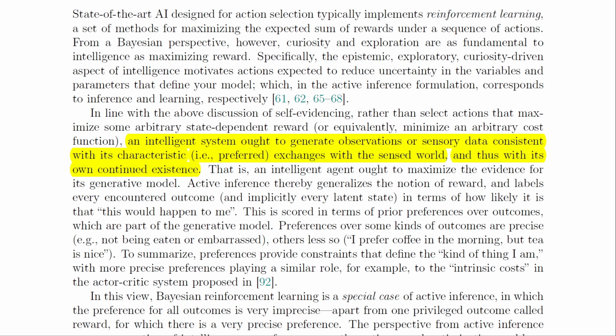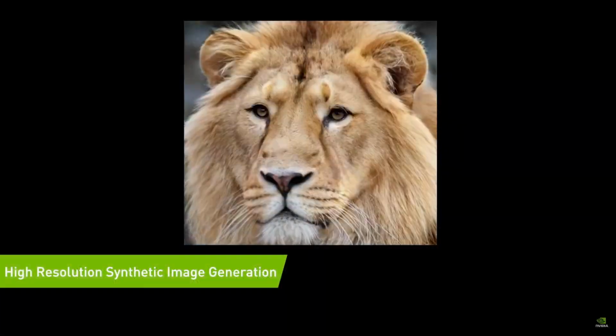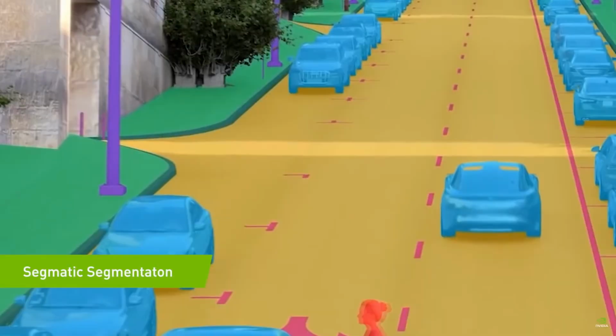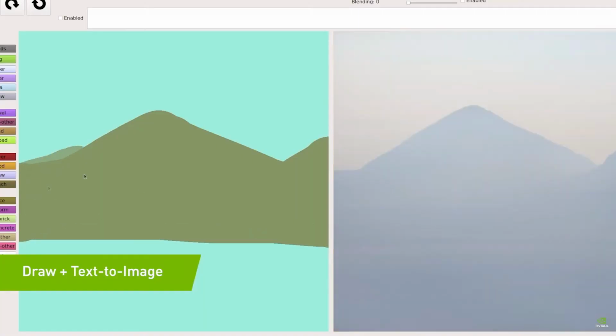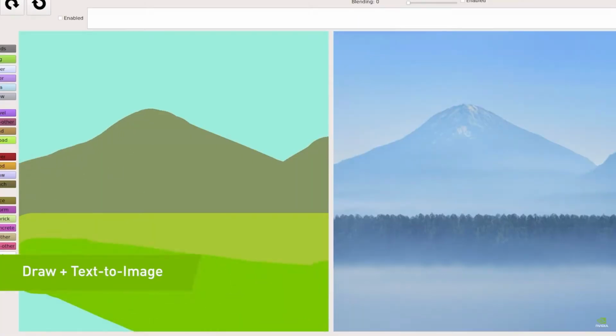That is, an intelligent agent ought to maximize the evidence for its generative model. Active inference thereby generalizes the notion of reward and labels every encountered outcome, and explicitly every latent state, in terms of how likely it is that this would happen to me.